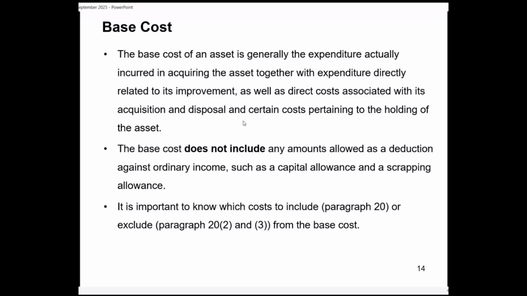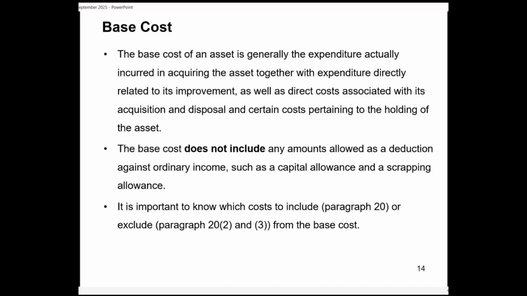Remember, the base cost does not include, very important, any amount allowed as a deduction against ordinary income, such as capital allowance and scrapping allowances. So the base cost does not include the capital allowance and the scrapping allowance. It's very important to know which costs to include in terms of paragraph 20. You can check paragraph 20 for which costs are included when you calculate the base cost.